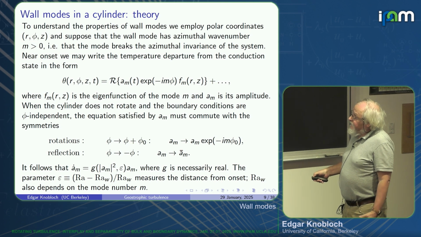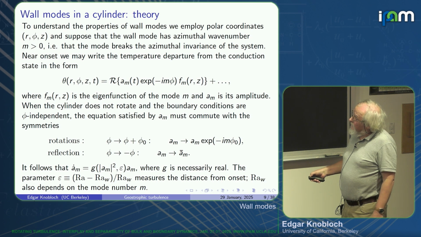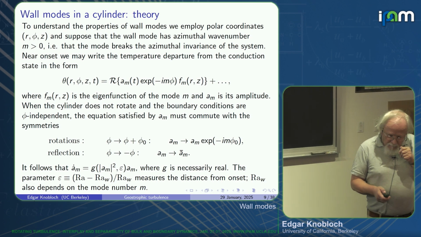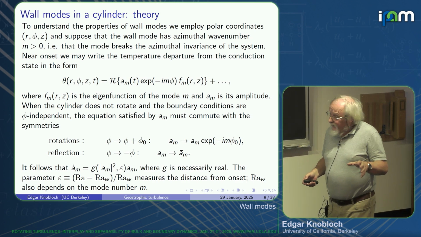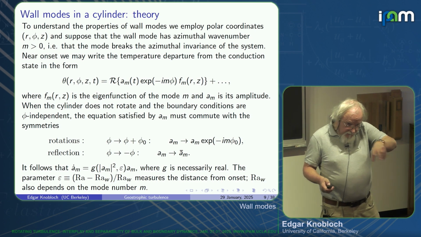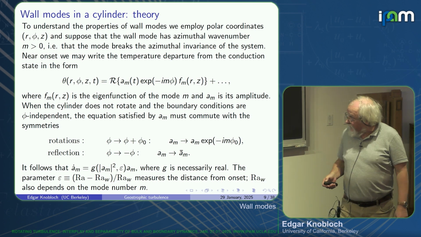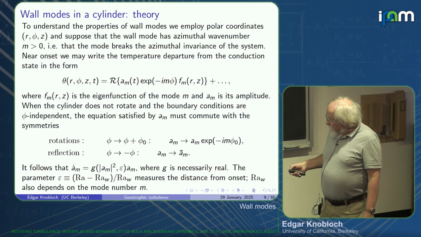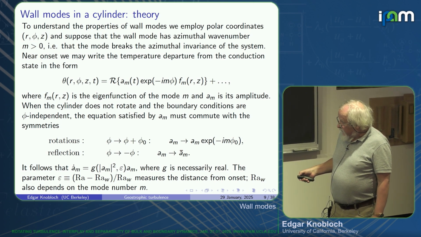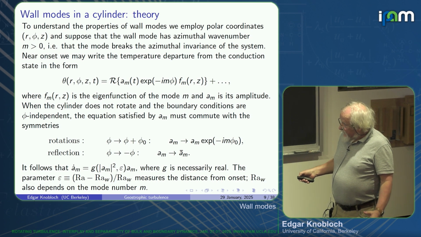So the temperature in general is a function of the radial position, the angle around the cylinder, and the vertical height z. It's a function of time in principle. And the mode that comes in has a special structure because of the circular symmetry, or the invariance under rotation. It can be written in this form: the real part of some time-dependent amplitude, times e to the minus i m phi.